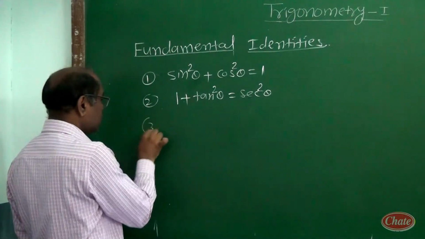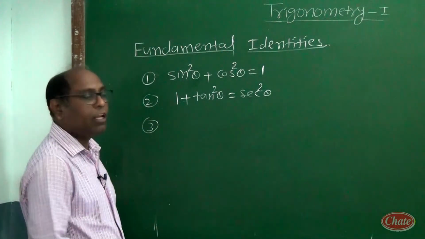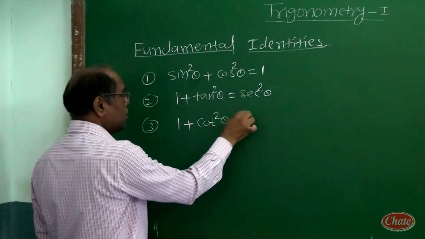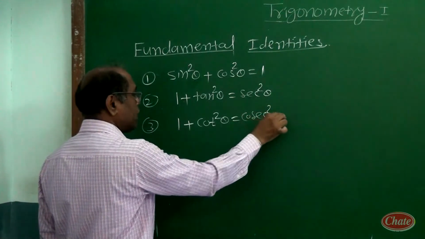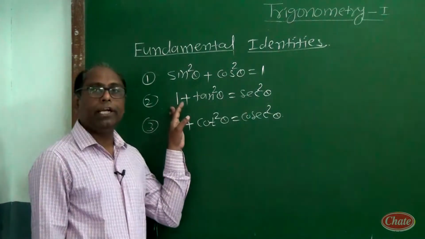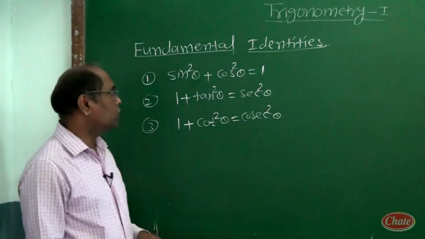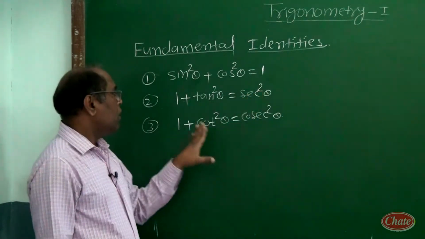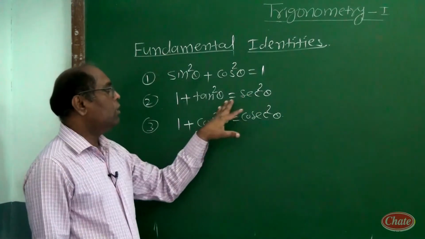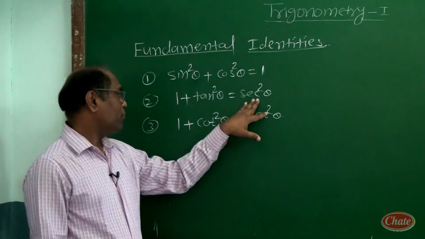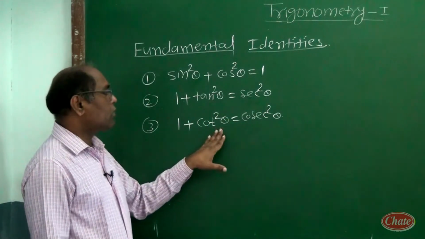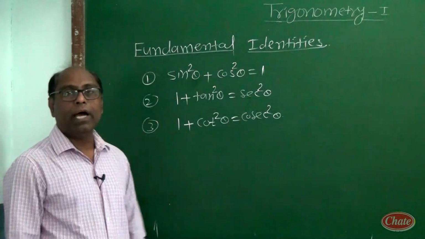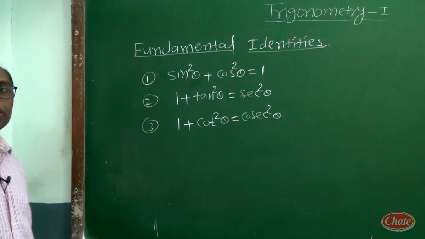And third, 1 plus cot square theta is equal to cosec square theta. So these are the fundamental identities from the trigonometric ratios.